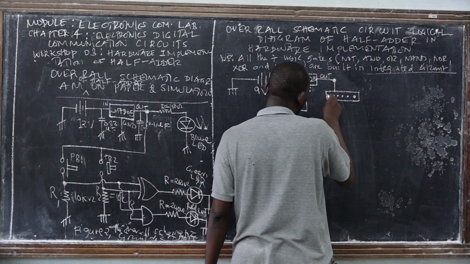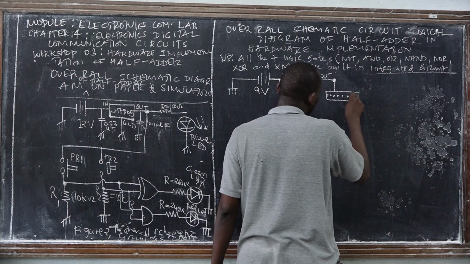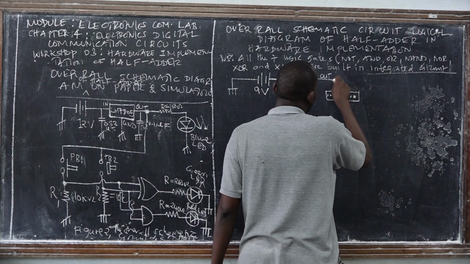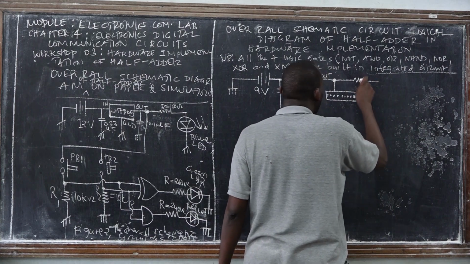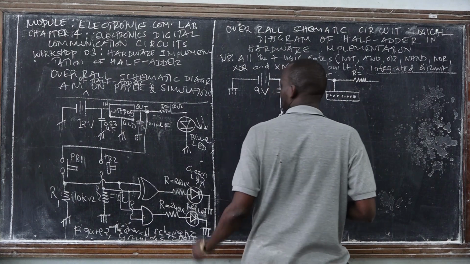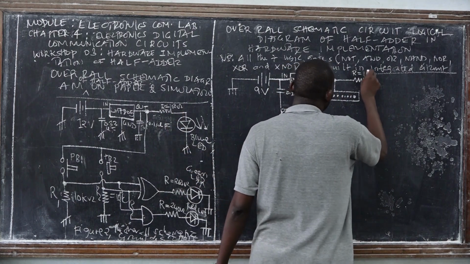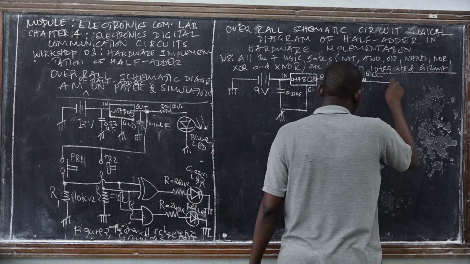Yes, 8 terminals. 1, 2, 3, 4, 5, 6, 7, 8 terminals. And then this is a resistor. What is the resistance of this resistor? 100 ohm. And then we are going to have a power indicator.